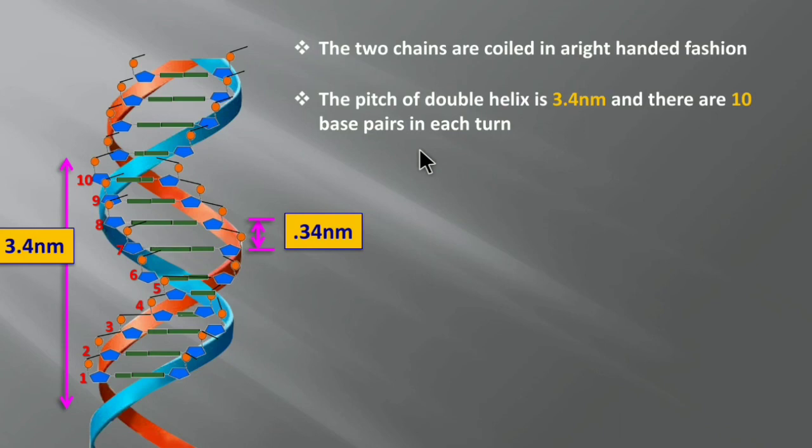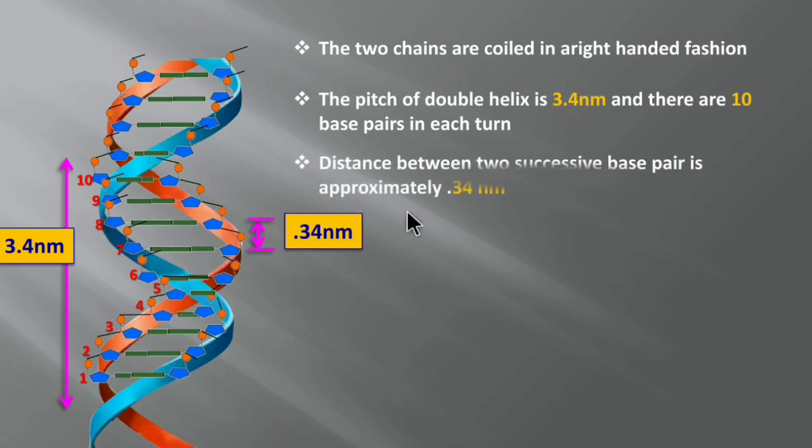And the distance between two successive base pairs is approximately 0.34 nanometer. This is the fourth characteristic feature.